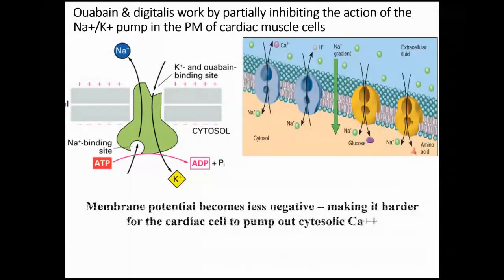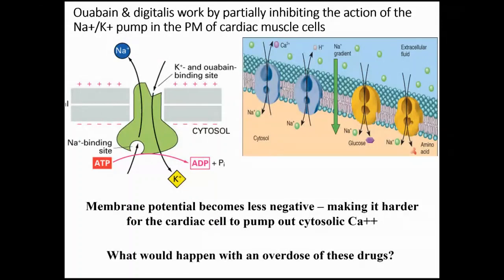Okay. Ouabain and digitalis work by partially inhibiting the actions of the sodium-potassium pump in the plasma membrane of cardiac cells. Okay, so digitalis drugs and ouabain, which is another chemical, work by inhibiting the sodium-potassium pump. This is potentially dangerous, correct?